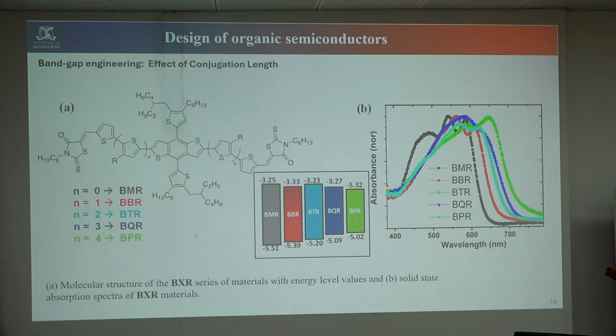Yes, this is the absorption spectrum. I first explained it because I'm just showing the graph I already explained. When you increase the conjugation length, it means a low band gap, and a low band gap means it will absorb at a higher wavelength.